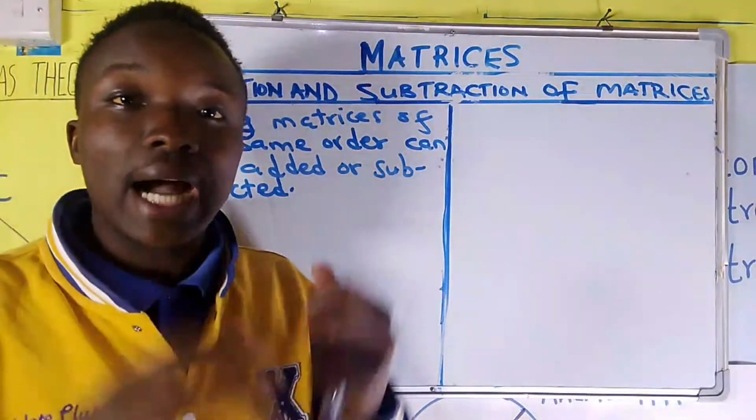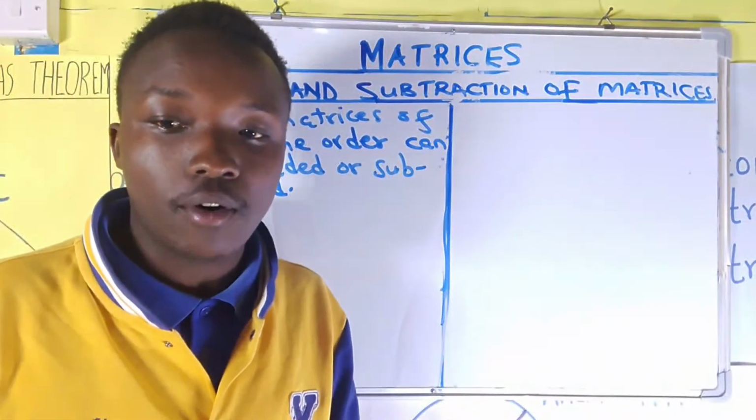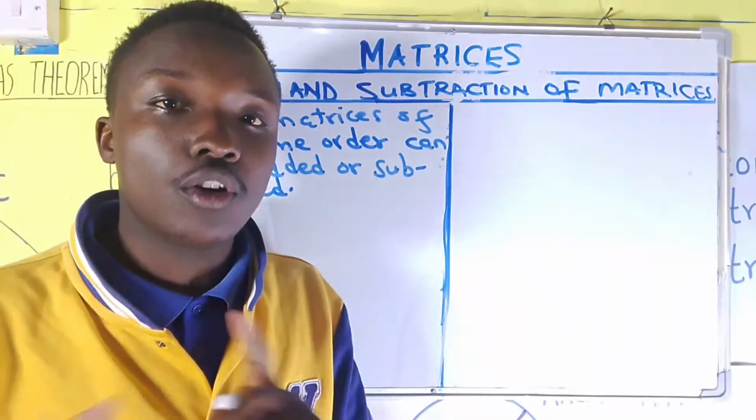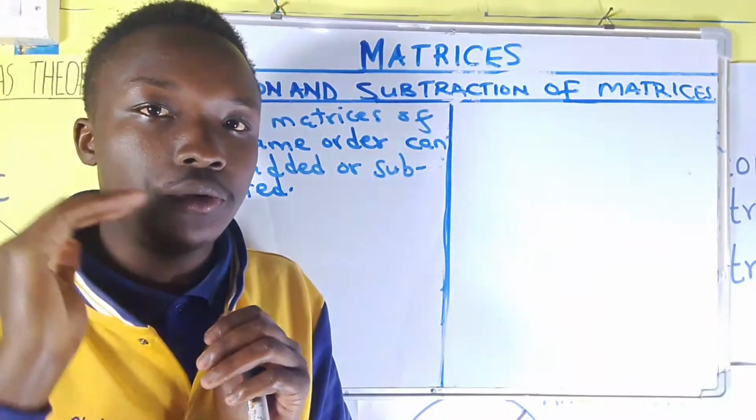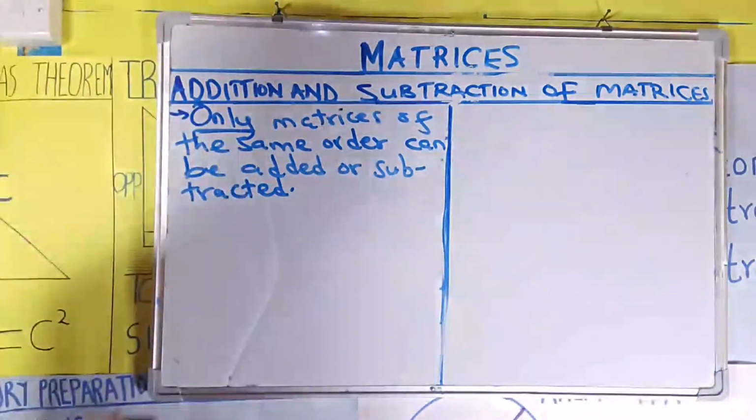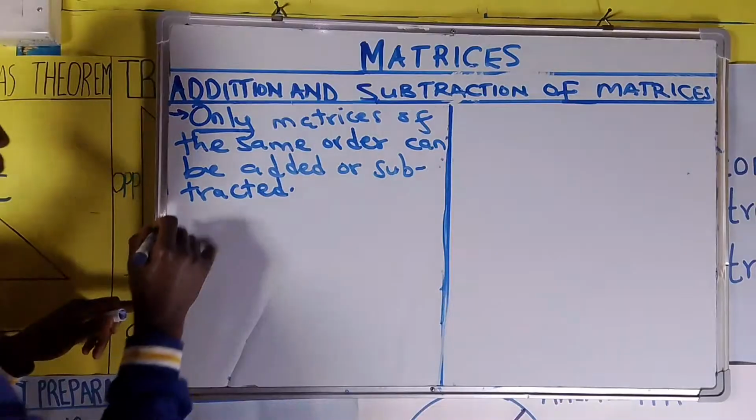So we can only add or subtract matrices of the same order. But if matrices do not belong to the same order, you are not supposed to add them, neither are you supposed to subtract them. So let us have this as our example number 1.